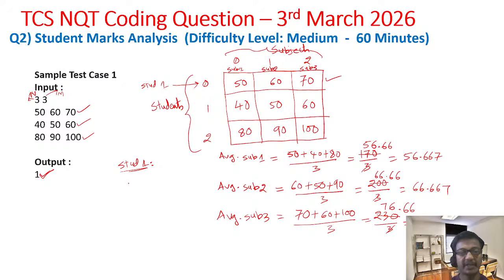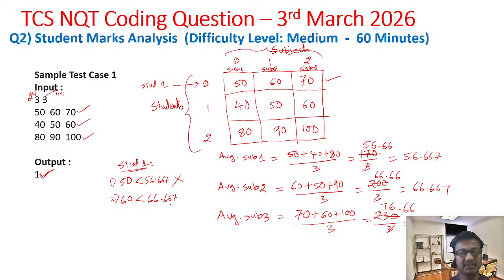Now we'll compare. First subject: what is the average marks? 56.667. What marks did he get in subject 1? 50, which is less than 56.667, so he has not passed in subject 1. Coming to subject 2, he scored 60 marks, and the average in that subject is 66.667.